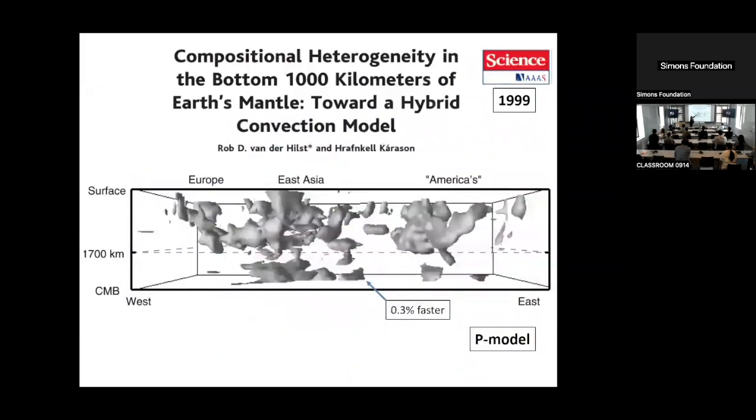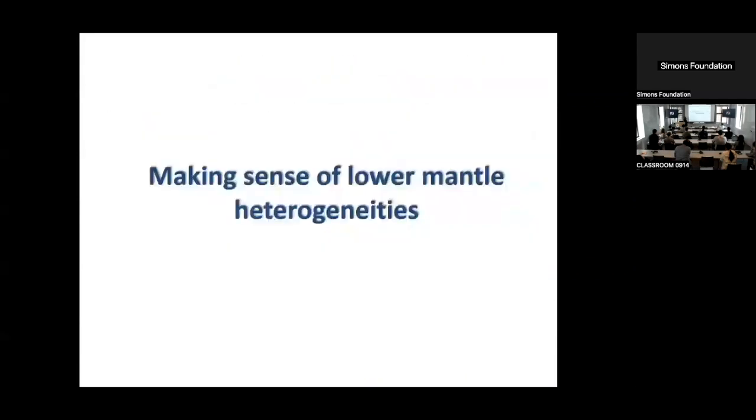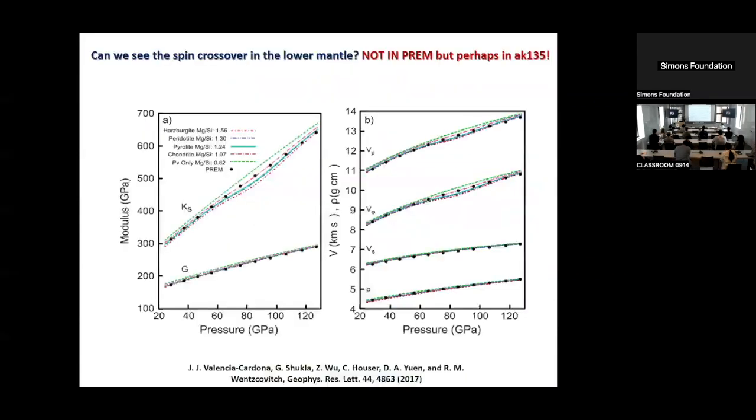Similarly, cold plates sinking into the mantle have a similar anomaly, because it doesn't matter if the temperature increases or decreases, the anticorrelation between VS and VP, bulk and shear models, is similar. So you have these anomalies, this image here. I can tell you there are other tomographic models that show the same.